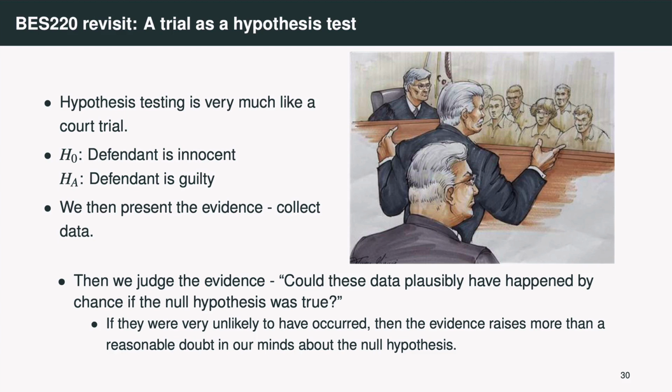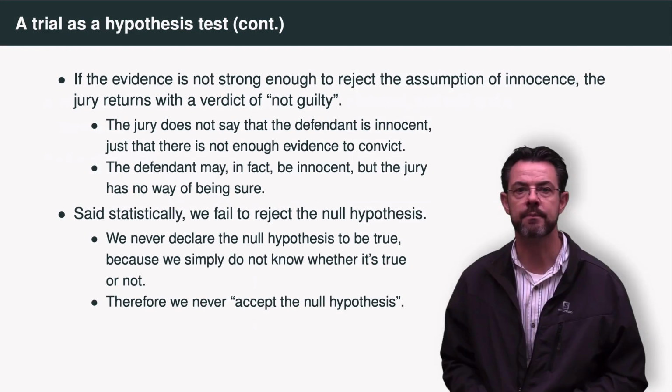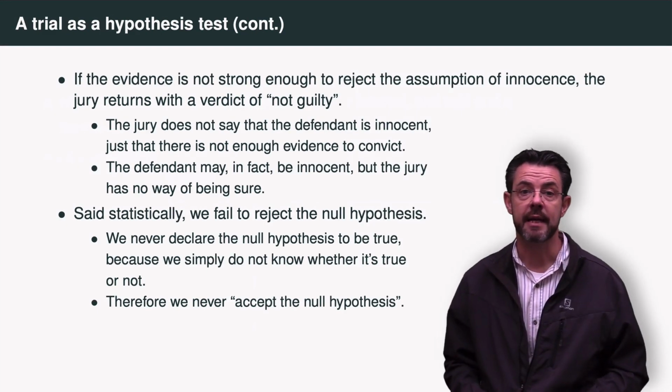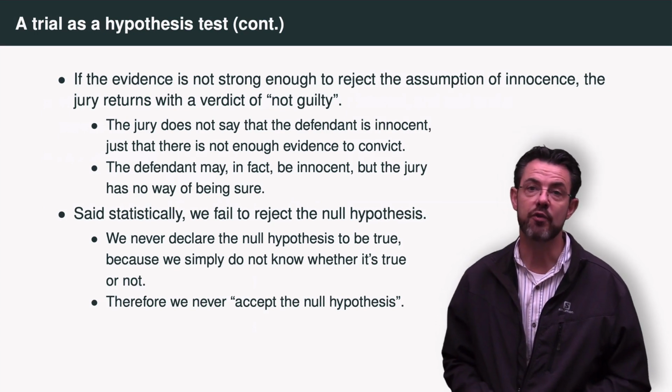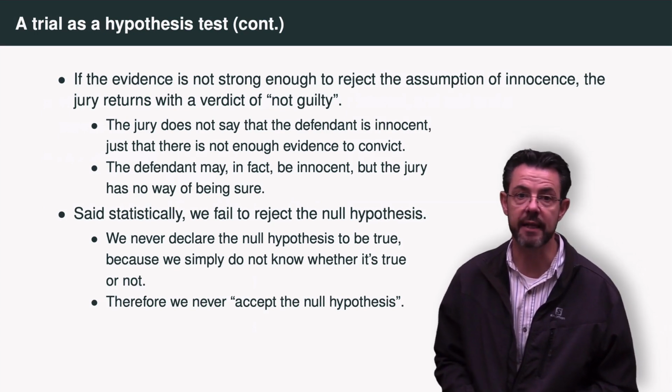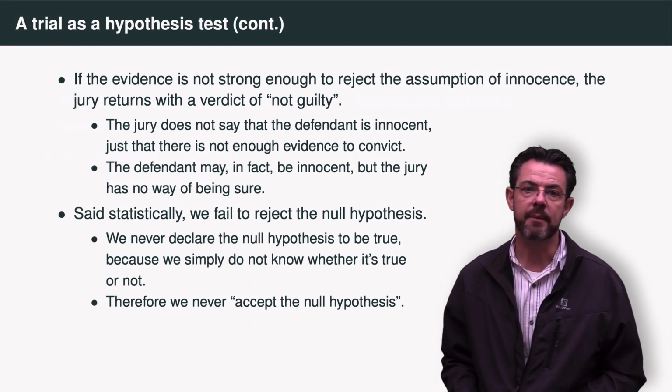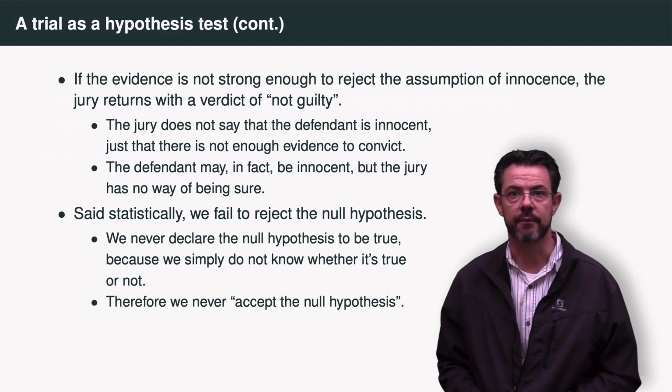And if it is very unlikely that we could have seen this evidence if indeed the null hypothesis was true, then the evidence raises more than a reasonable doubt in our minds about the null hypothesis. If the evidence is not strong enough to reject the assumption of innocence, the jury will typically return a verdict of not guilty.